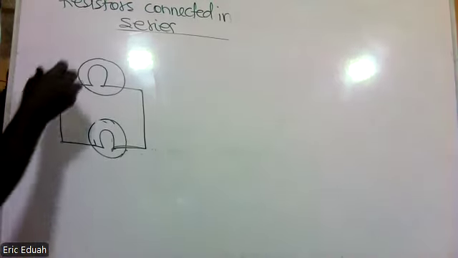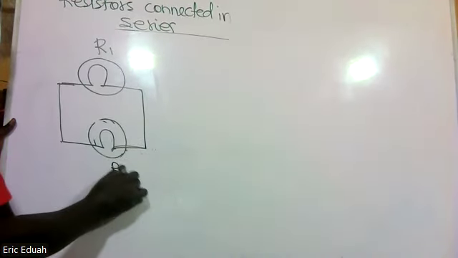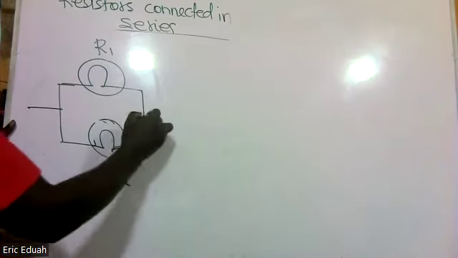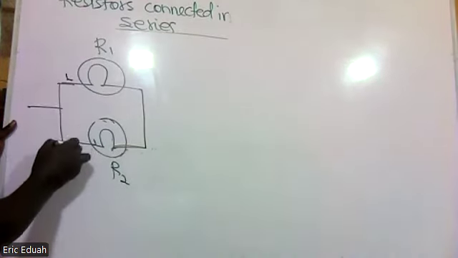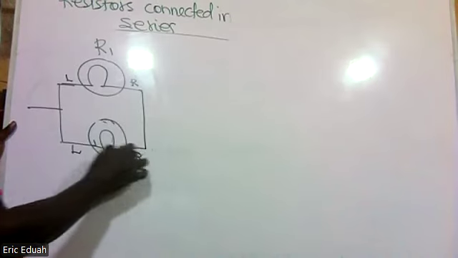So this one becomes resistor 1, resistor 2. Then we have joined left, left, right, right.